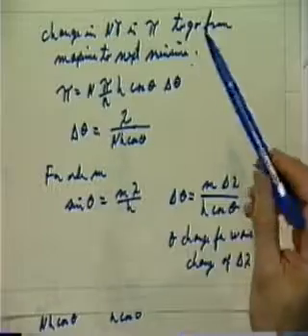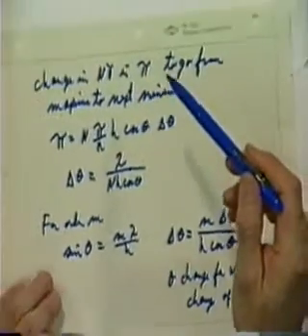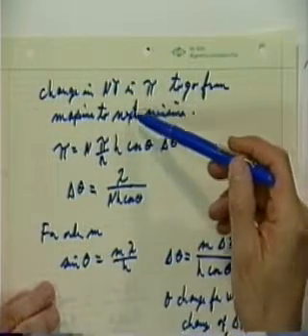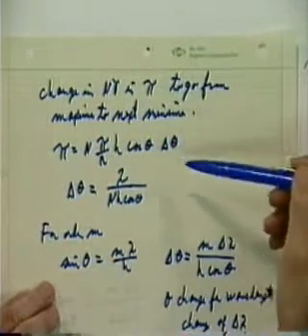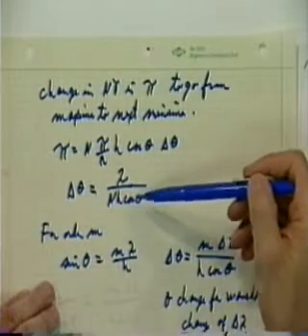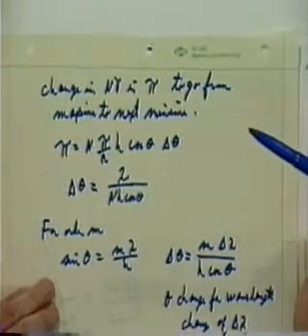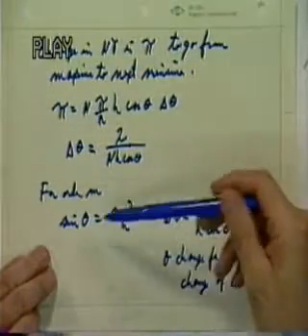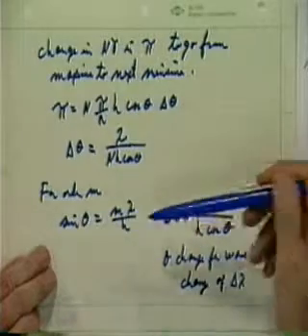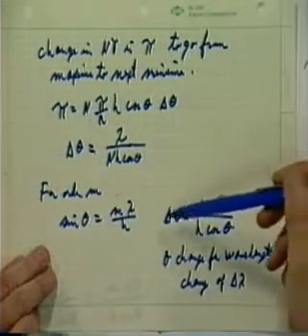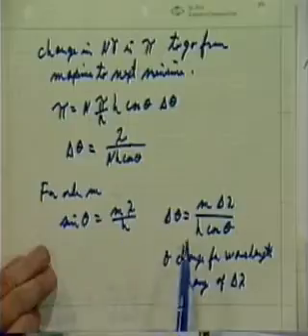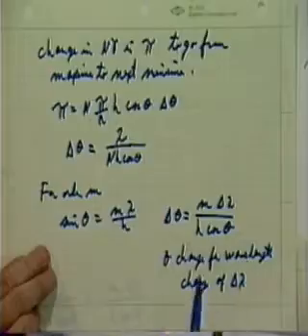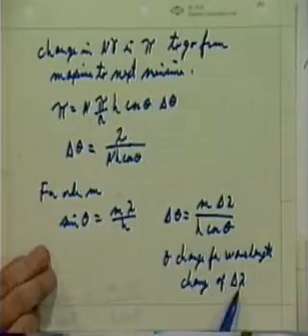So what we've done here is that we found the change in angle in going from the maxima to the next minima. And we found that delta theta was lambda over n h cosine theta. And then we said, well, what if we change the wavelength, how does the maxima move around? Well, the maxima will move around by an angle delta theta here, so I just take the derivative of both sides. We get delta theta is m delta lambda over h cosine theta. So that's how theta changes for the wavelength change.